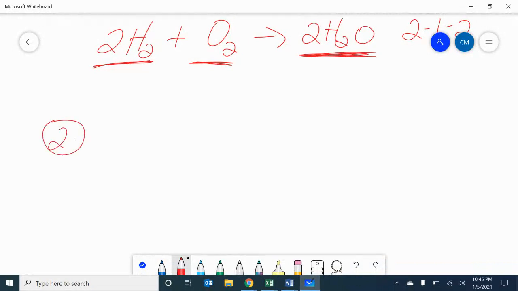All right, let's say I've got iron, and I'm going to add it to oxygen, which is O2, and it's going to produce iron 3 oxide, which is Fe2O3. All right.